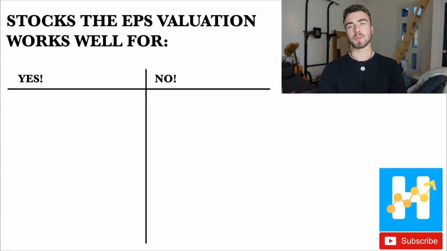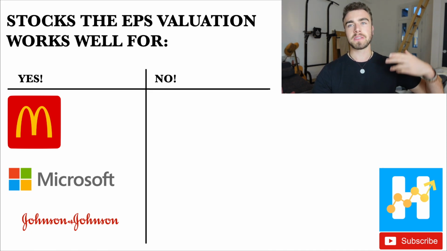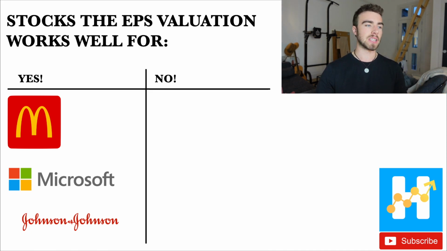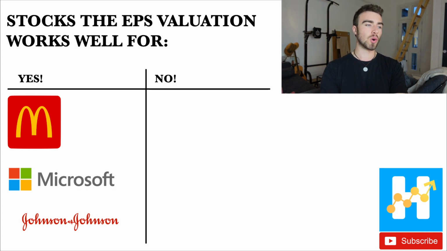This valuation method doesn't work well for every stock. There's no valuation method I've found that's worked well for every company, but it does work well for most companies. So companies like McDonald's, Microsoft, Johnson & Johnson, what do these companies have in common? Well, number one, they have relatively stable and consistent earnings, right? Their earnings aren't moving around all over the place. They're relatively mature companies.